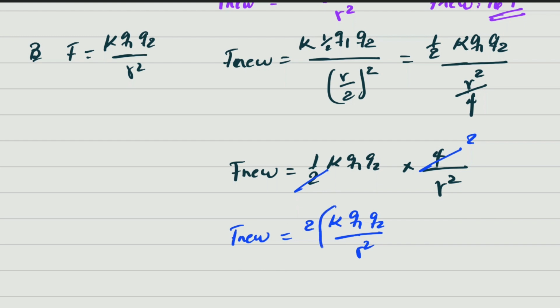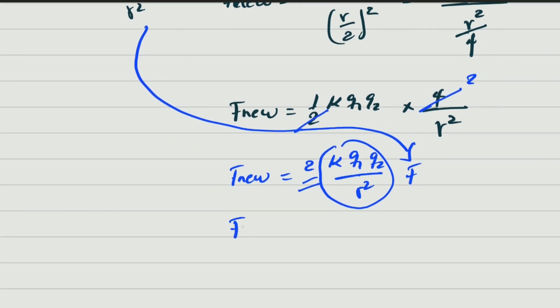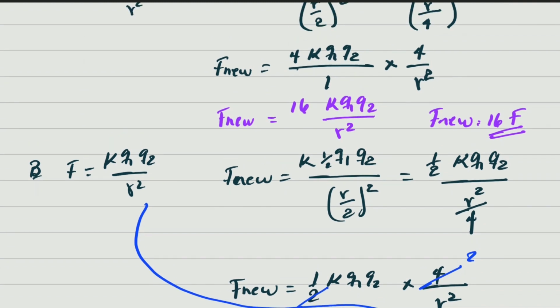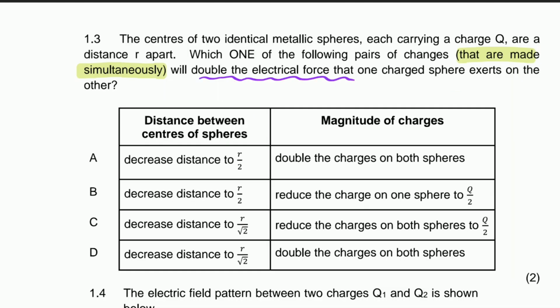Kaboom. This one is the force that we had before, and therefore the 2 in front means that for this scenario, the new force will be equal to 2 times the old force. Guys, this one is the answer, because the question asks for which one will give you a double force. So when we come back to the question, they say which one of the following pairs of changes will double the electrostatic force?